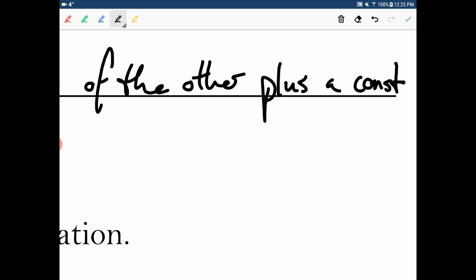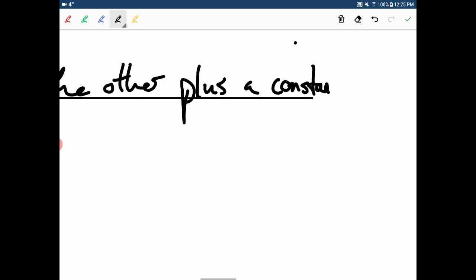Remember, a constant is just a number that's not being multiplied by a variable.